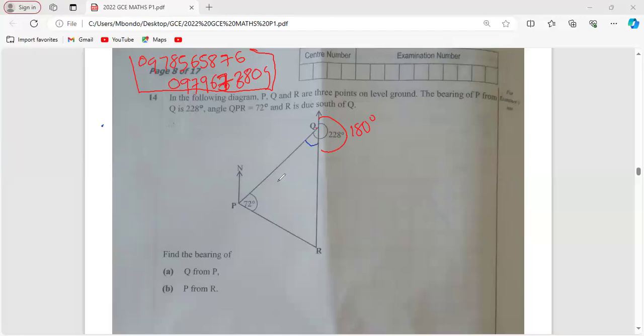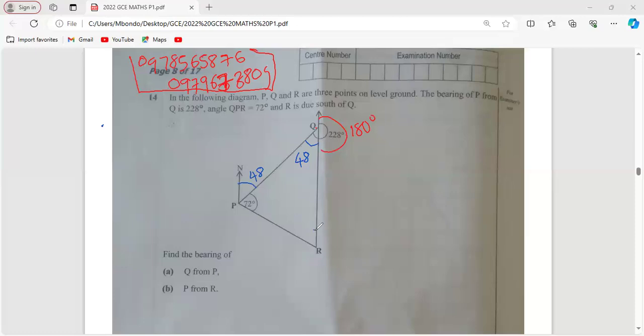Now, what about this one that is inside here? We just have to subtract 228 minus 180. We are going to get 48. So this angle here is 48. Going by the rules of alternate angles, this angle here is 48. We can as well say this one here is 48.